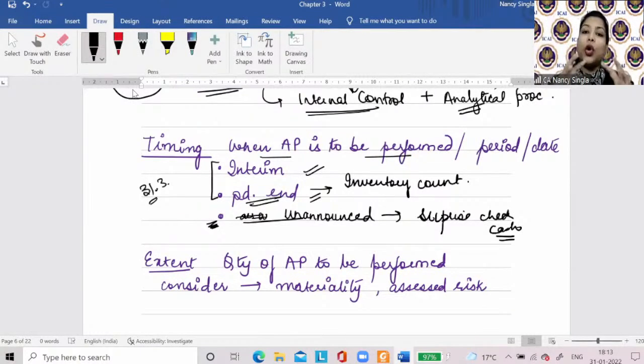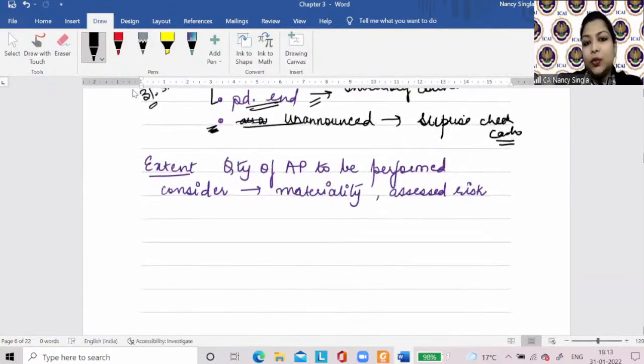So in the plan, the auditor needs to include the description of the nature, timing, and extent of the audit procedures. Nature: now you know the purpose and type of audit procedures he is going to perform. Timing: more specifically, at what time he is going to perform. And the third word is what?